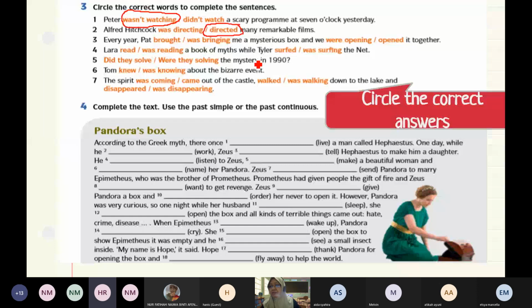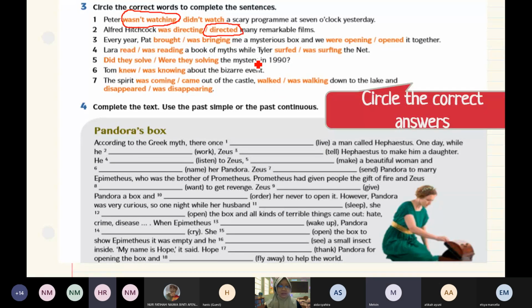Number 3, Faris. We go back to Melvin. Your answer for number 3.